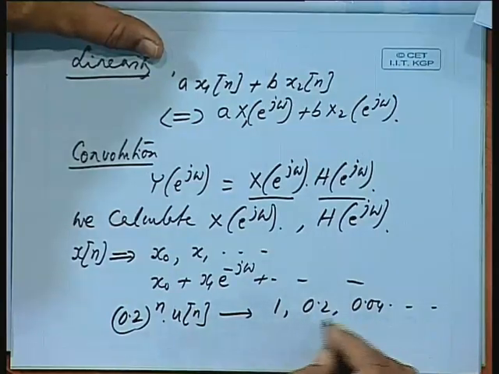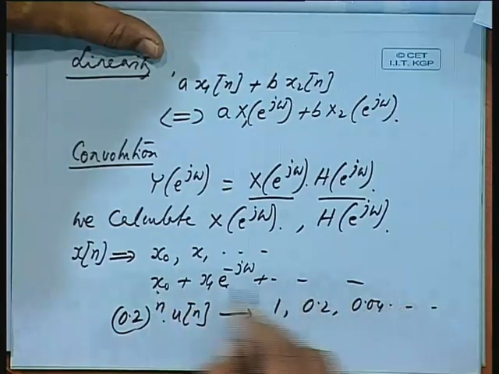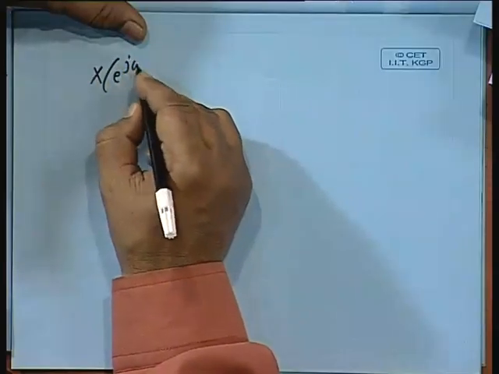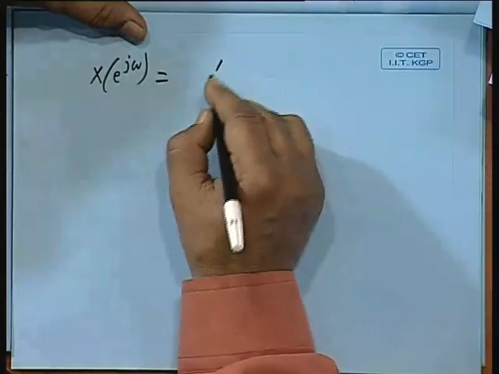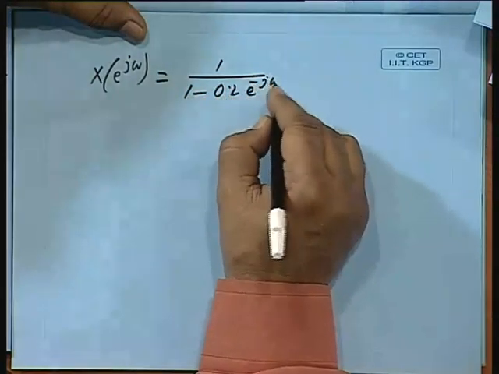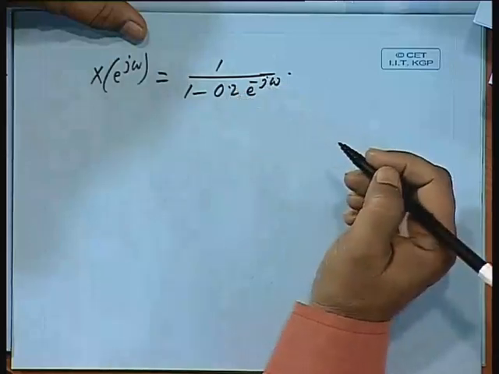So, you can write the expression, since it is a convergent series, you will be getting the solution very identical to the Z transform. X(e^jω) will be 1 by 1 minus 0.2 e to the power minus jω. All right.